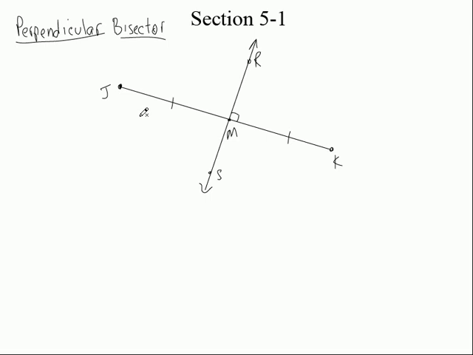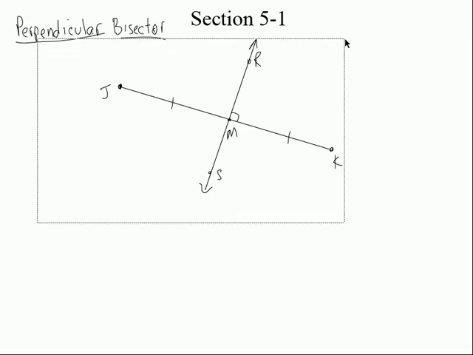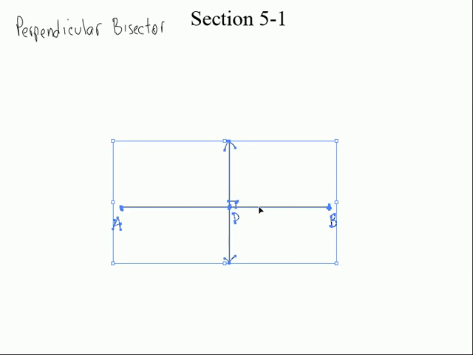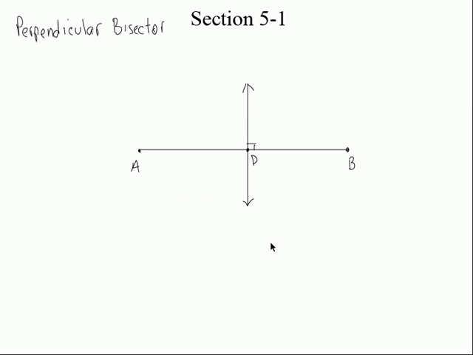Now, with all that said, let's get rid of this and draw something else. I've tried to draw another perpendicular bisector. Let's scooch this up a little bit, more towards the middle. AB is being bisected at point D, and we'll call this C right here.